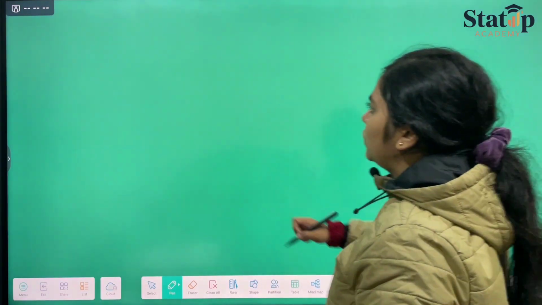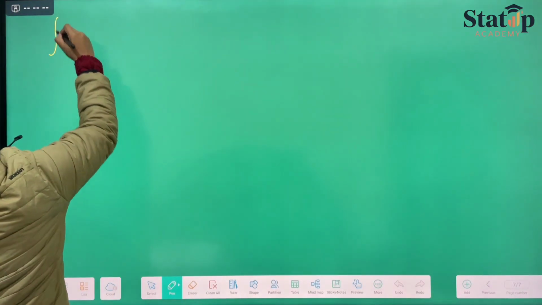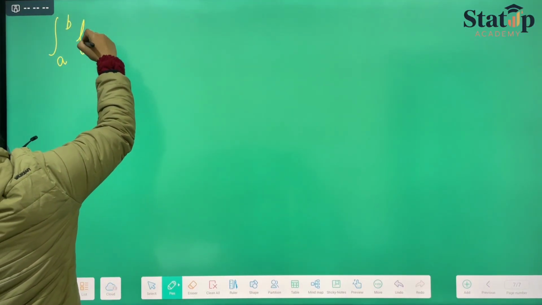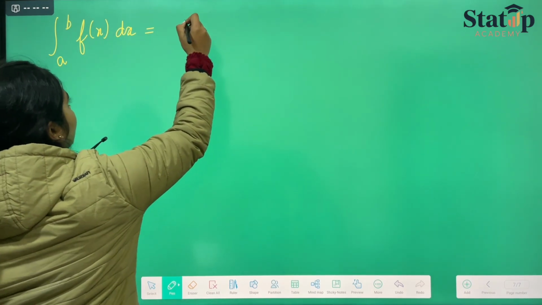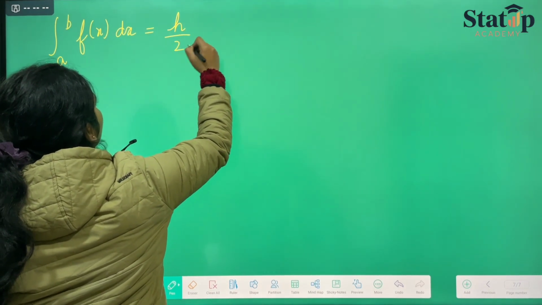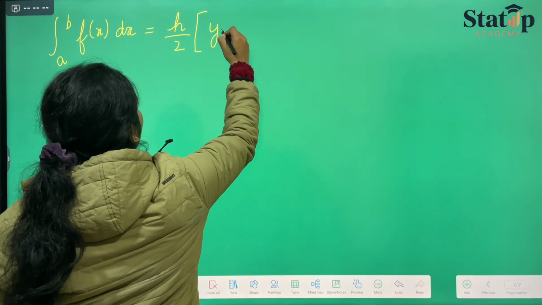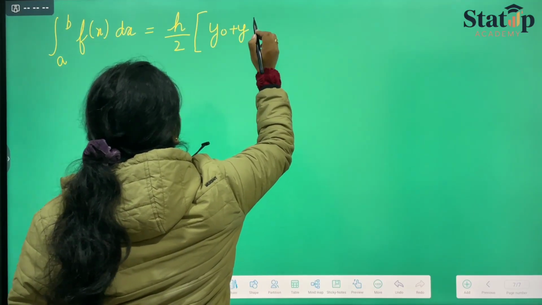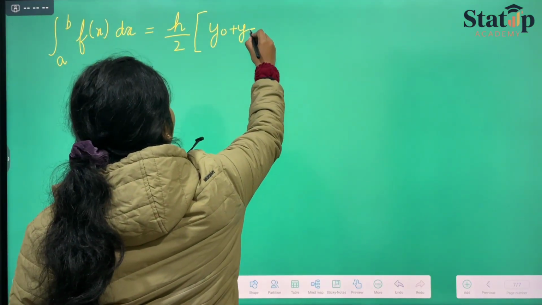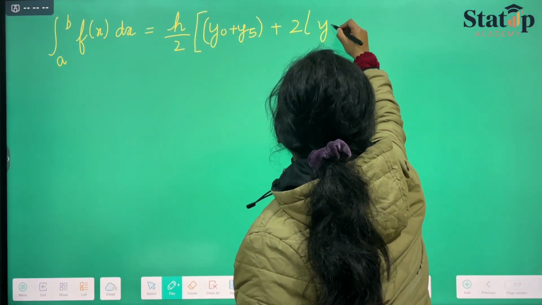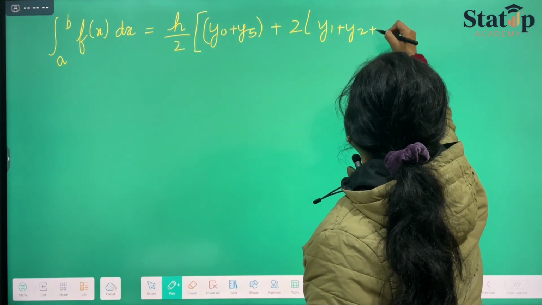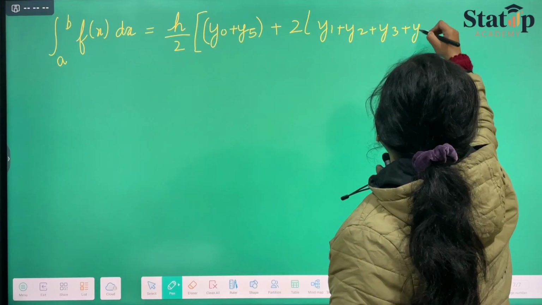So now we know that the trapezoidal rule, integral from A to B of f(x) dx, is equal to h upon 2 times the bracket y naught plus y, here the nth value is y5, so y5, plus 2 into y1 plus y2 plus y3 plus y4.